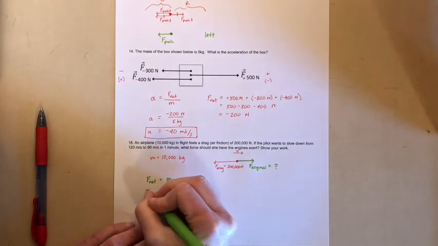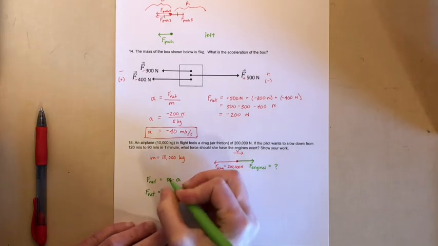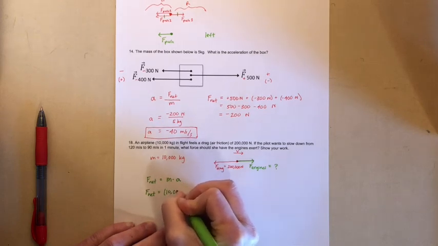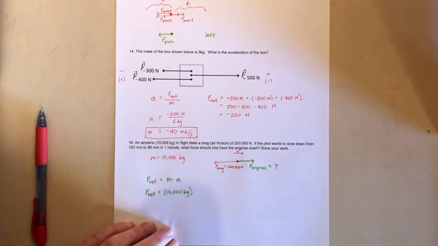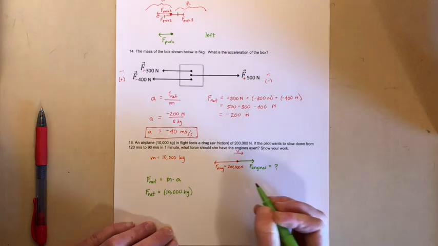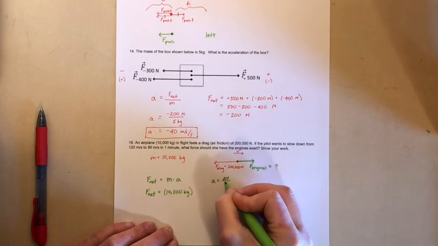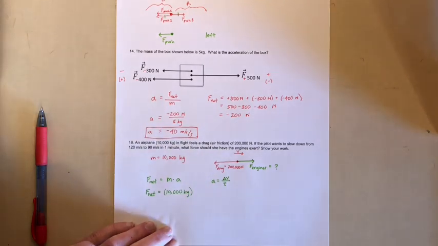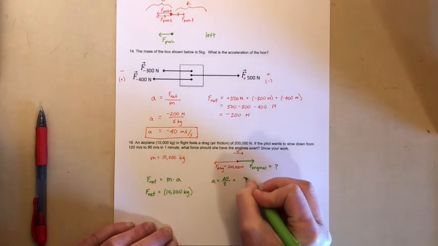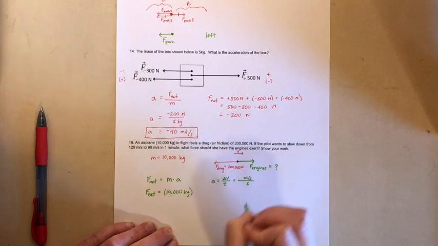So F net is going to be the 10,000 kilograms. And then we need the acceleration. So a side note here, remember that acceleration is your change in your velocity over the time that it takes you. And we want this to be in units of meters per second every second.